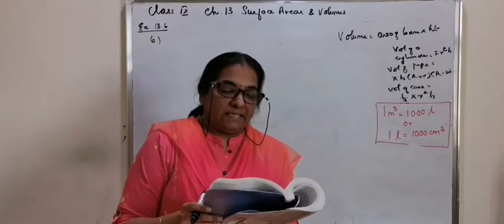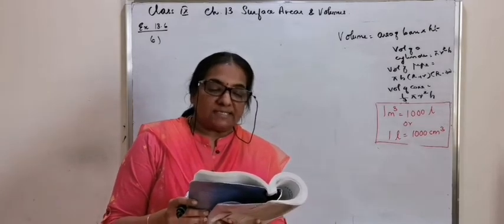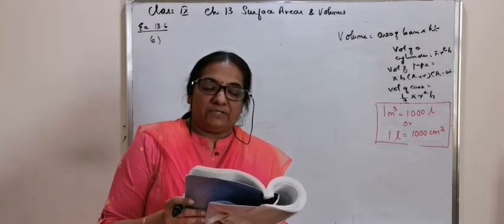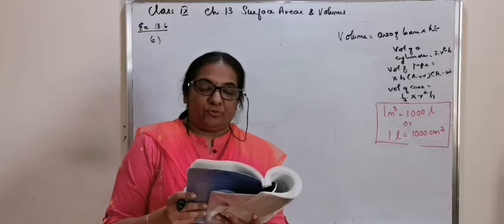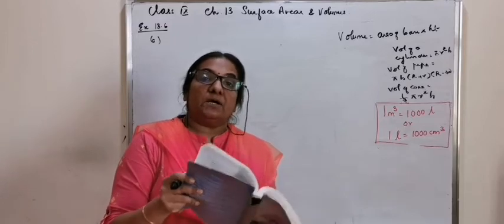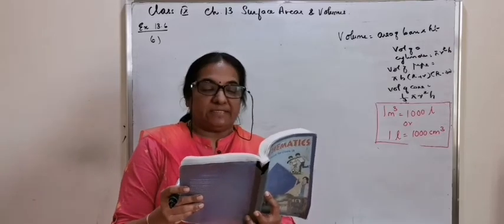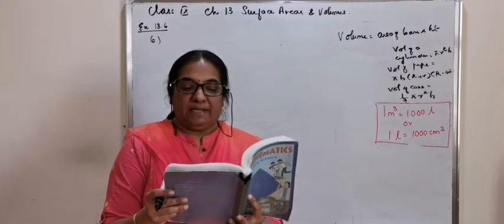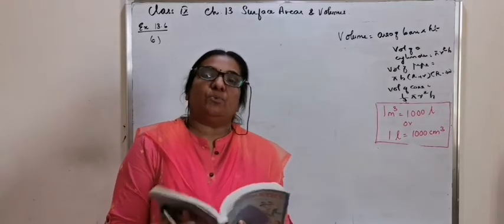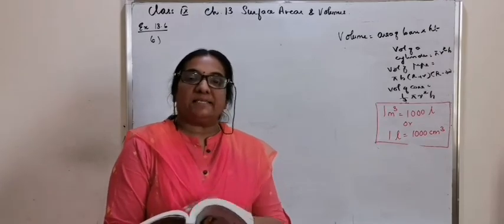Question number 6. The capacity of a closed cylindrical vessel of height 1 meter is 15.4 liters. Underline the words closed cylindrical vessel. How many square meters of metal sheet would be needed to make it? That means the volume is given to you, height is given to you.